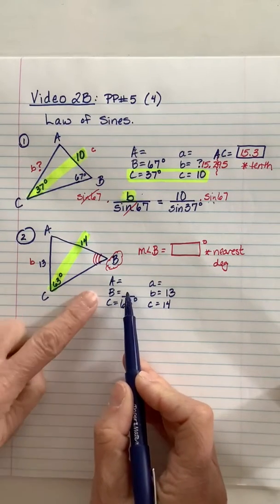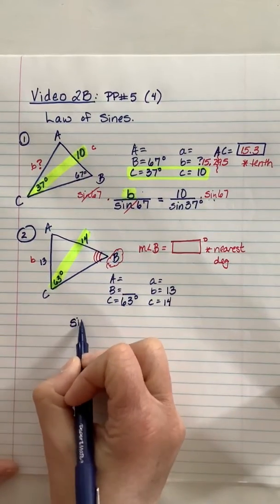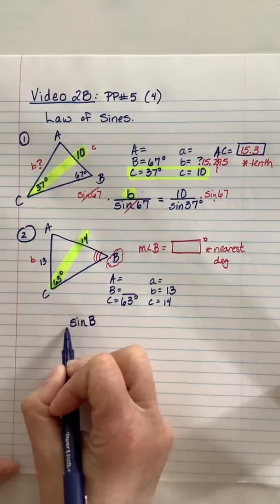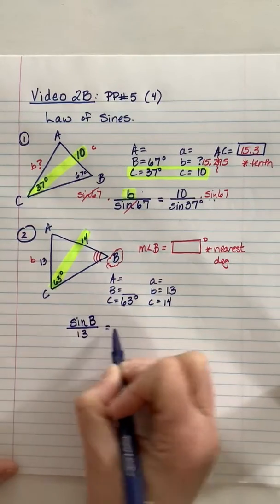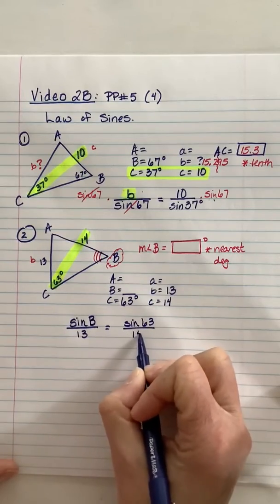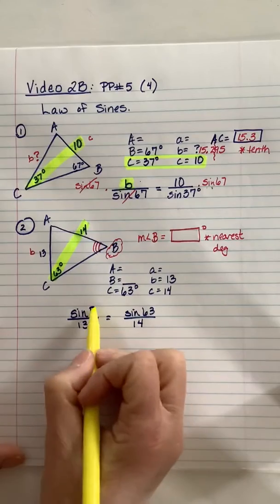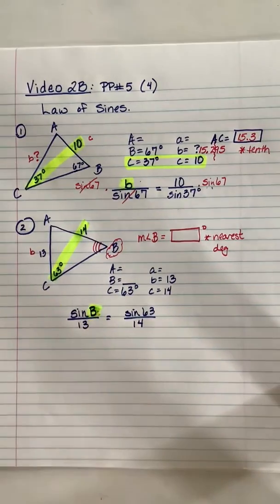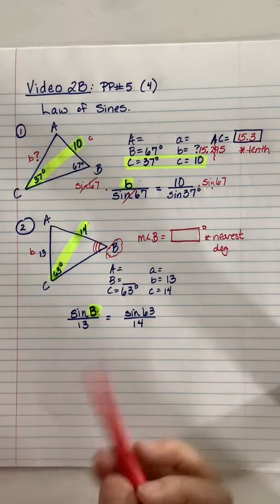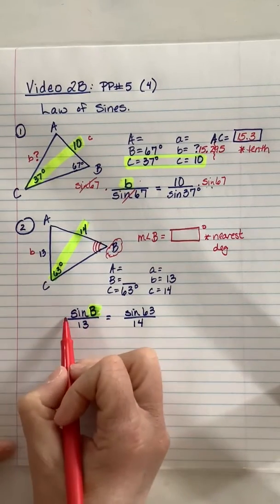Okay, so for this one, I'm going to start with what I'm missing, what I'm trying to find, which means I've got my sines of my angles in the numerator and my sides in the denominator. So we're going to have one more thing to undo here because we have to undo division, divide by 13, and undo sine. So here's where I'm going to get real lazy.